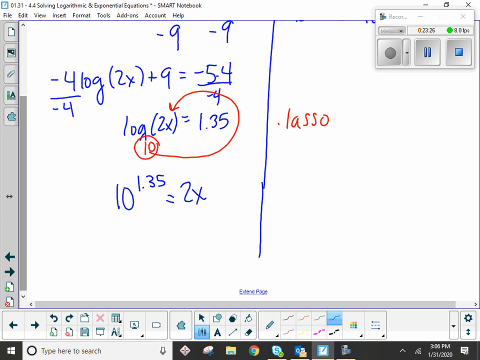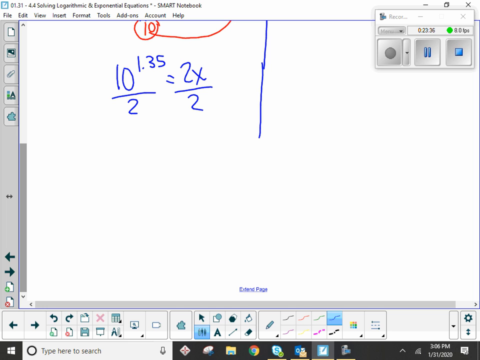Still not done. I have one more step to get x all by itself, which is what? Divide by 2. You may not do 10 divided by 2 right here. It's not allowed because the 10 has an exponent on it.